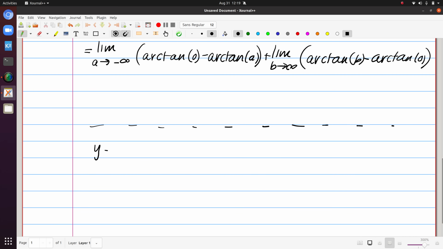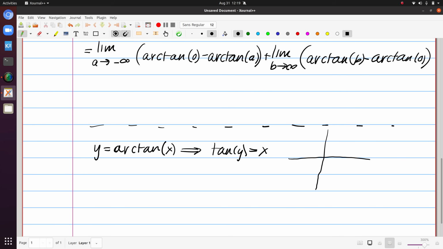So if we say that y is the arctangent of x, that implies that tangent of y is equal to x. So what we're trying to figure out is what the input value of tangent would be approaching as the output value is approaching plus or minus infinity.